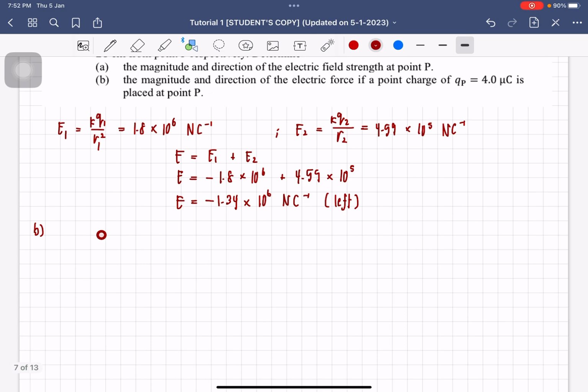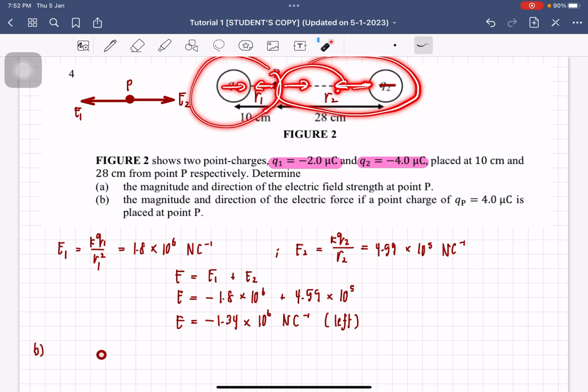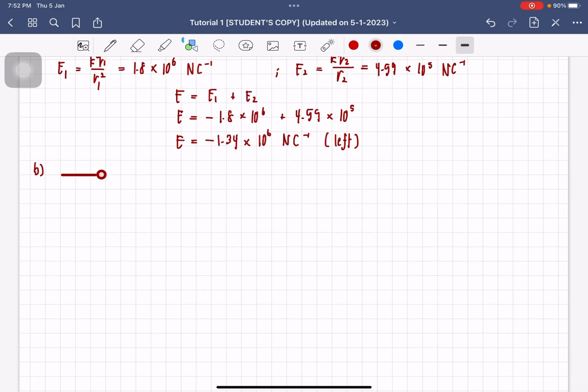It is a positive charge. So for a positive charge with these negative charges, there is an attractive force happening here and here. So the arrow is going to be like this.